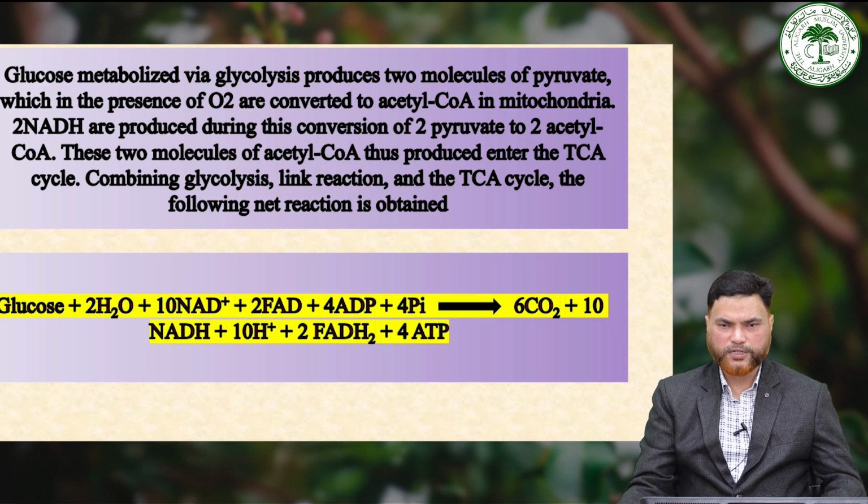During oxidative phosphorylation, the oxidation of NADH generates a proton motive force, allowing the synthesis of 2.5 ATP per NADH and 1.5 ATP per FADH2. Consequently, the complete oxidation of a glucose molecule results in the production of 30 to 32 ATP molecules. This is a very important fact I would like to share with you.